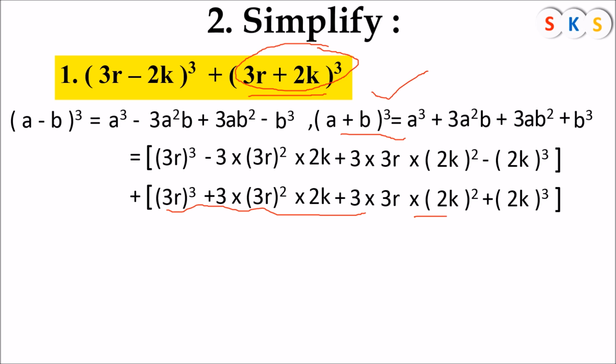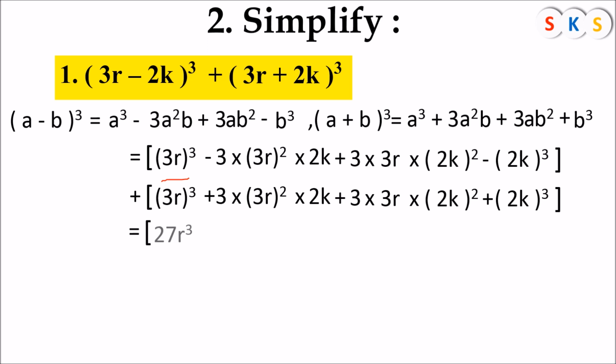Now after solving this, equals to, look at this one. Now we will simplify this. 3r the whole cube, what will you get? 27r cube, minus 3 into square of 3r. You can see here we have a square of 3r.